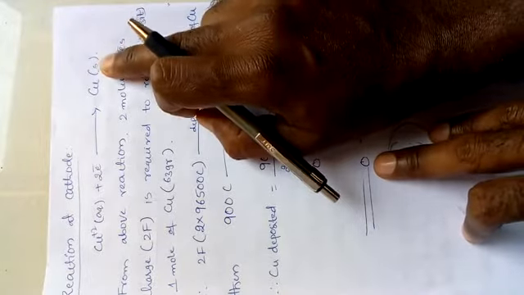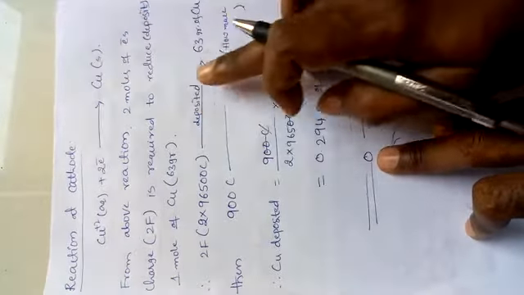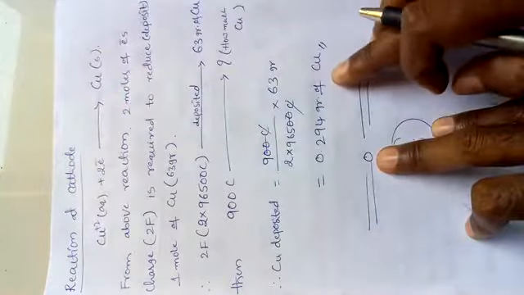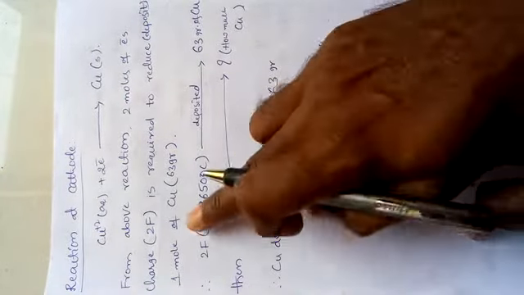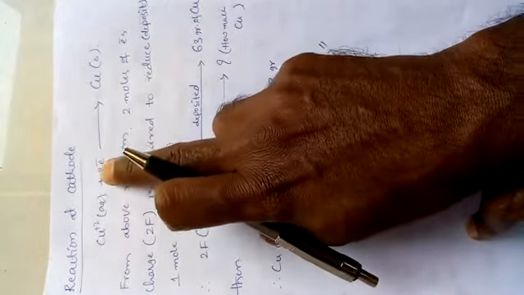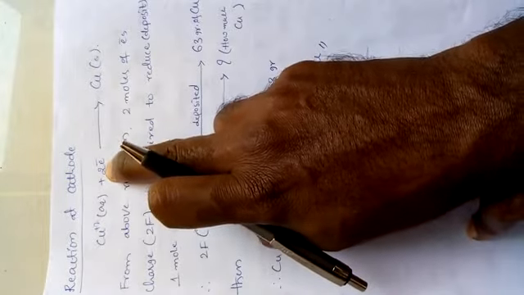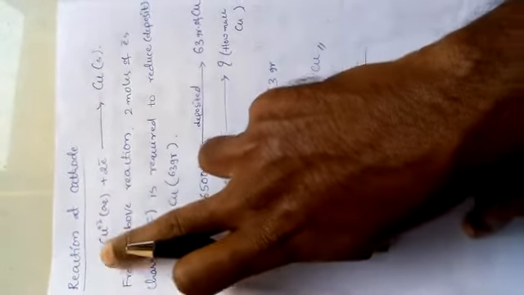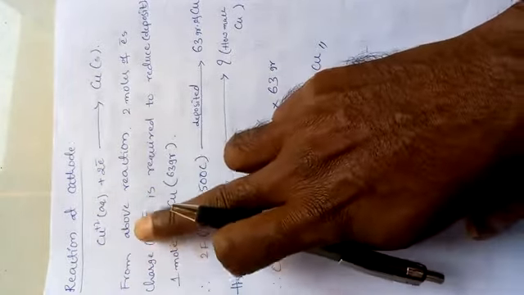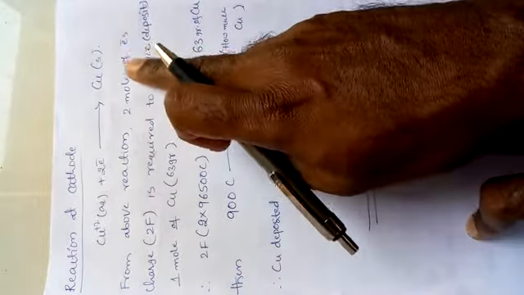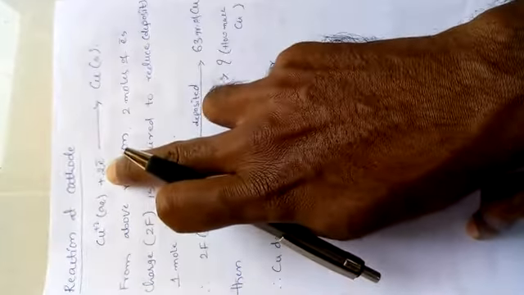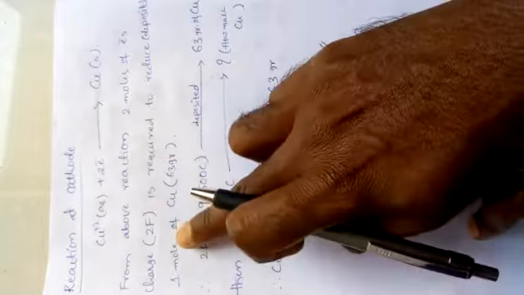This is the reaction that takes place at the cathode. From the above reaction, how many moles of electrons are there? 2 moles of electrons. Here 1 mole of copper ions gives 1 mole of copper.